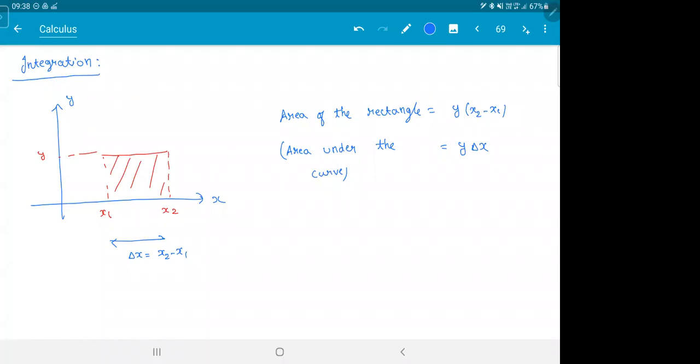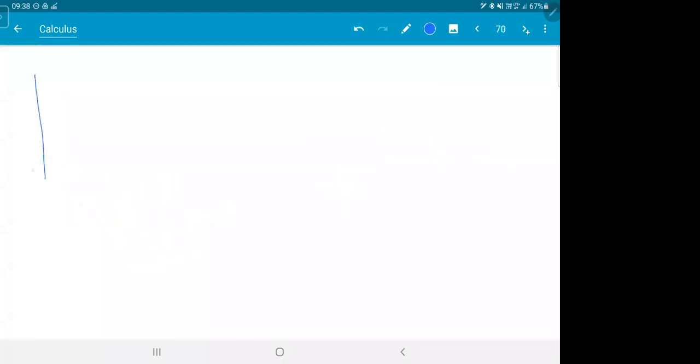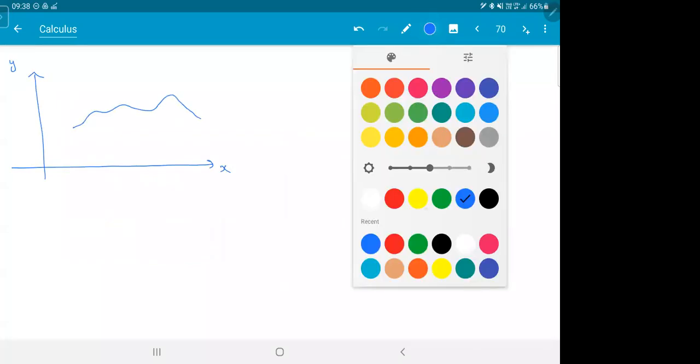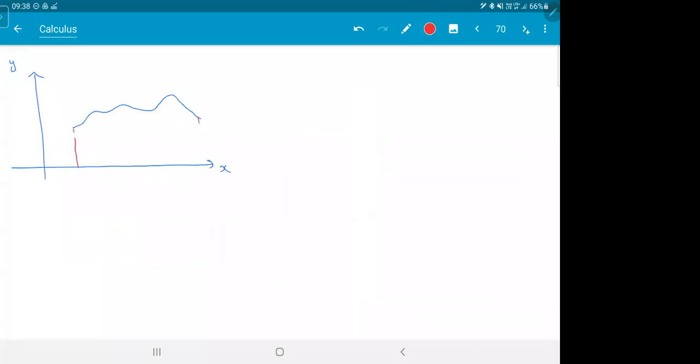Now the problem comes, what if I want to find area under something like this? This is x1, this is x2, and if I try to find this area here, so area under the curve, if I write this thing as y into delta x, what is this?